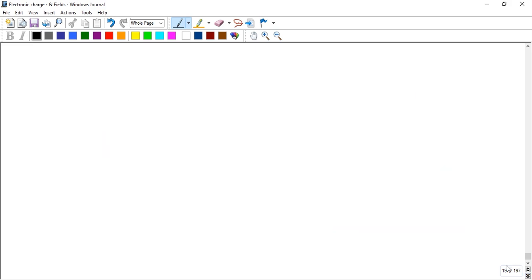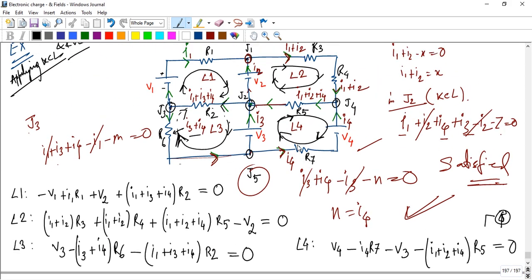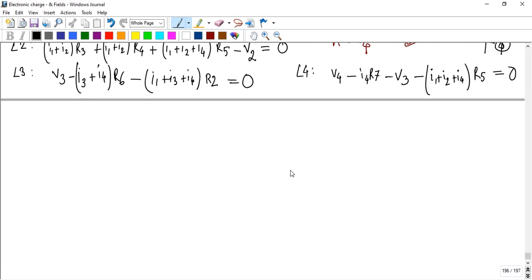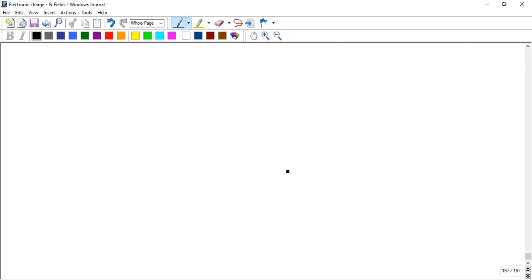Now it is clear how to apply KCL and KVL in a circuit. Another important topic in our syllabus is the Wheatstone bridge. The Wheatstone bridge is a special type of circuit. A circuit looks like this.